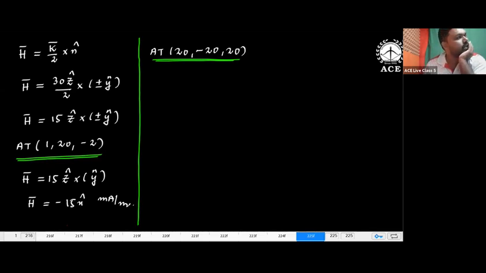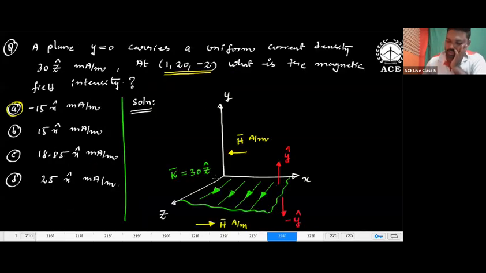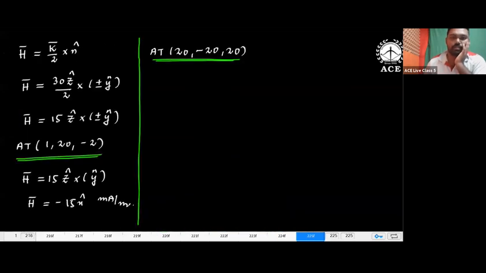This point will be below the sheet. 20 comma -20 comma 20 is below the sheet. If I am below the sheet, what is the normal? Minus y cap.